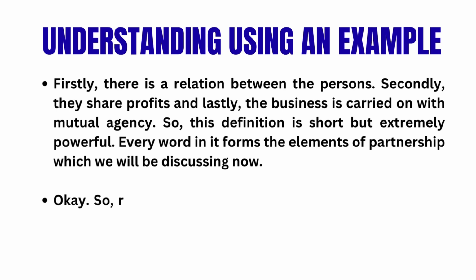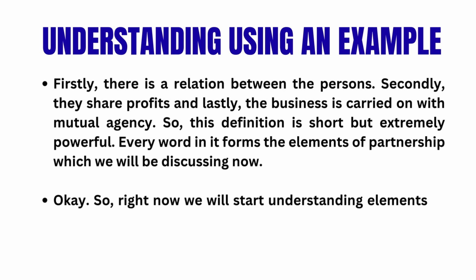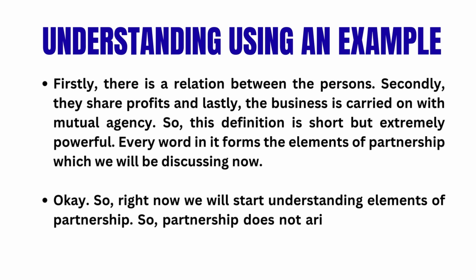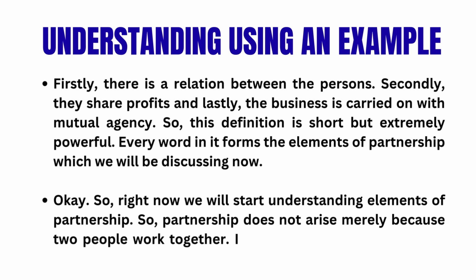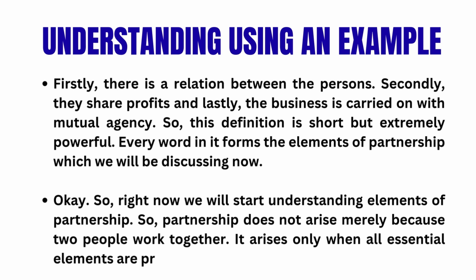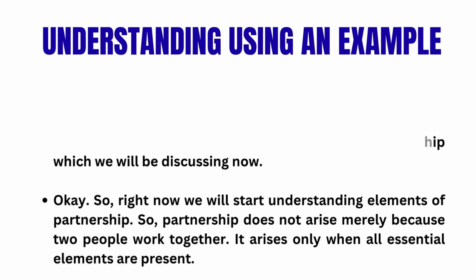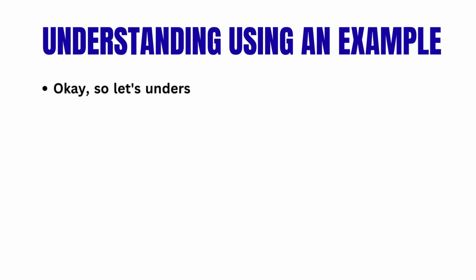Okay, so right now we will start understanding elements of partnership. Partnership does not arise merely because two people work together. It arises only when all essential elements are present. Okay, so let's understand this based on a case study.